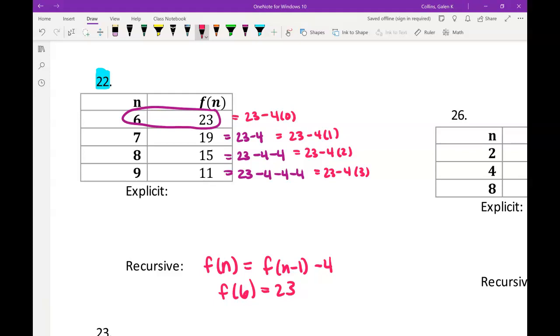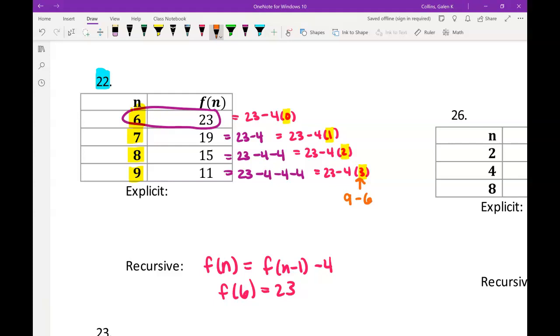Well, that makes sense. So again, I want to look at the only thing that's changing in this expression and think, how does that relate to n? And here's our hint. It has to do with the number 6. It has to do with the n value where we started. The expression in here is always my value of n minus 6.